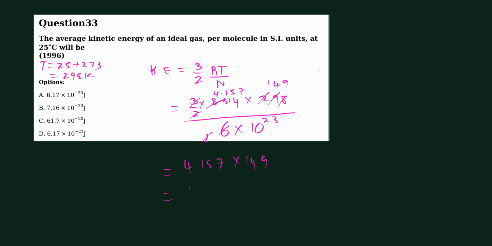So make it a round figure like this: 4 into 150. In 10 power 23 you take it up, this will become 10 power minus 23. So 4 into 150 into 10 power minus 23.